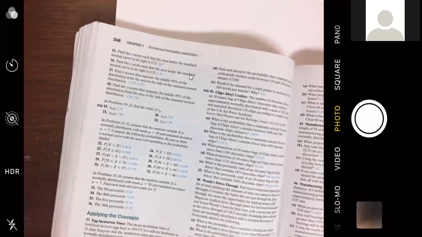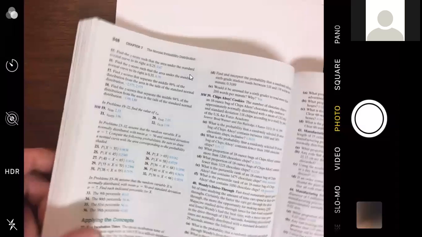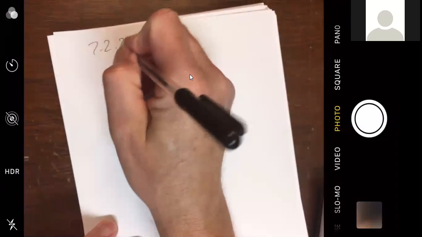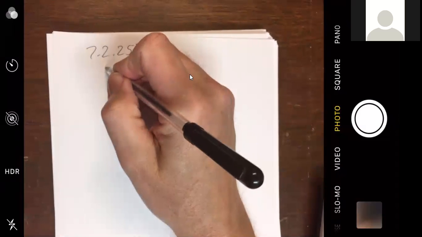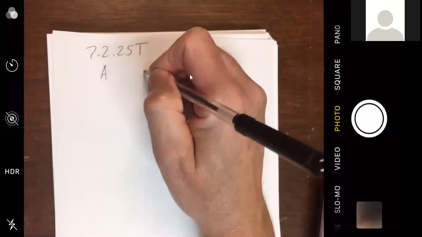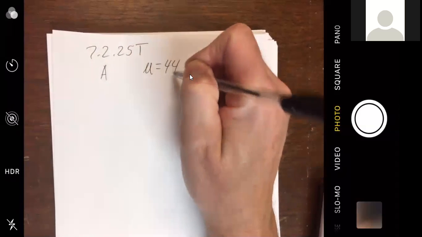Yeah, there is this problem, 7.2.25T. What's it say? It says, assume that the random variable x is normally distributed with mean equal to 44 and standard deviation equal to 9.